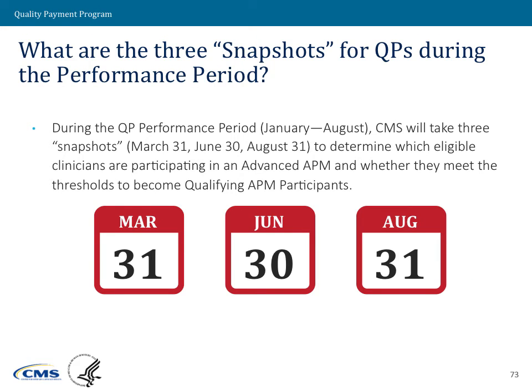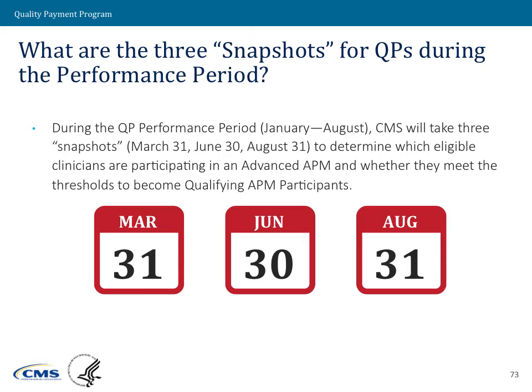So then the next part is identifying who specifically we consider to be participating in an advanced APM. And we do that through a series of snapshots. And that's really looking at our CMS maintained lists of participants on particular points in time during the QP performance period. And so these are the 3 dates here on the slide.